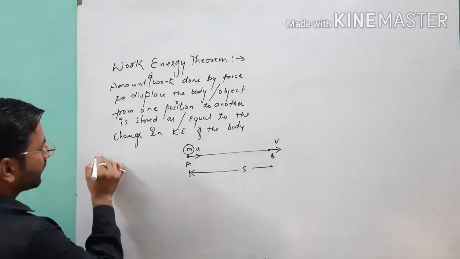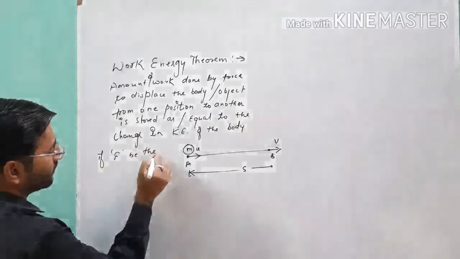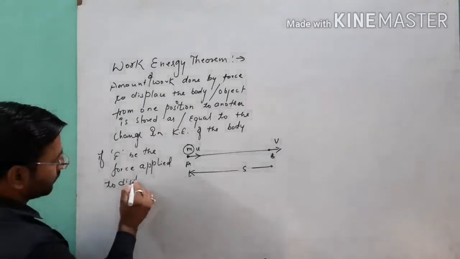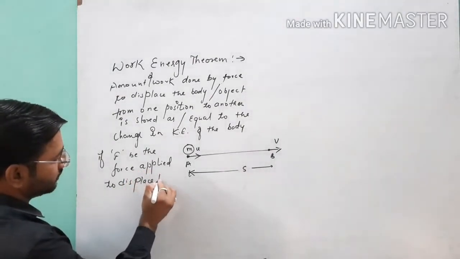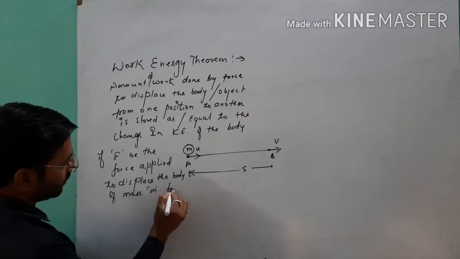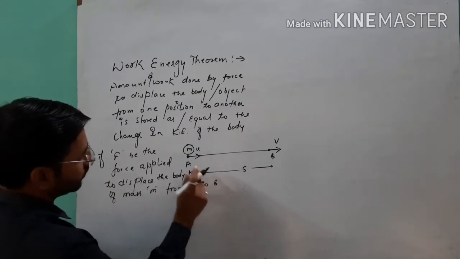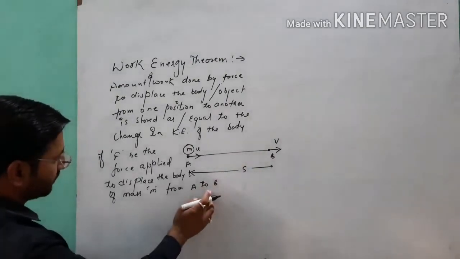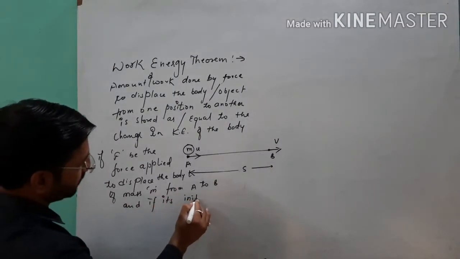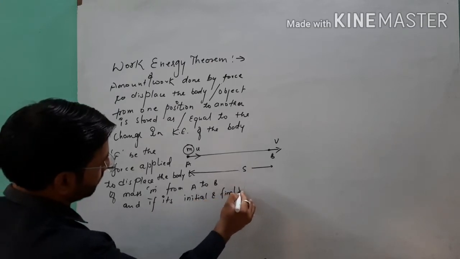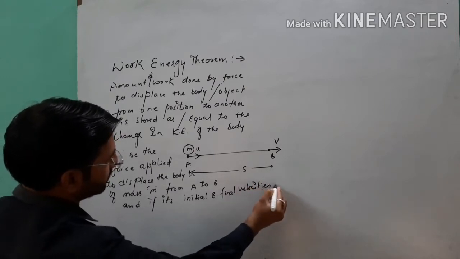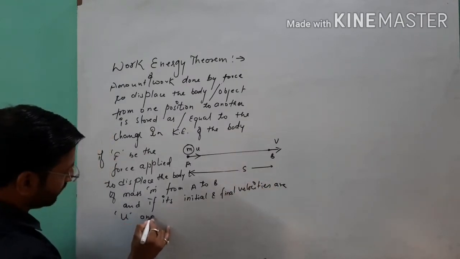So we can say, if F is the force applied to displace the body of mass m from A to B position, and its initial and final velocities are u and v, suppose.